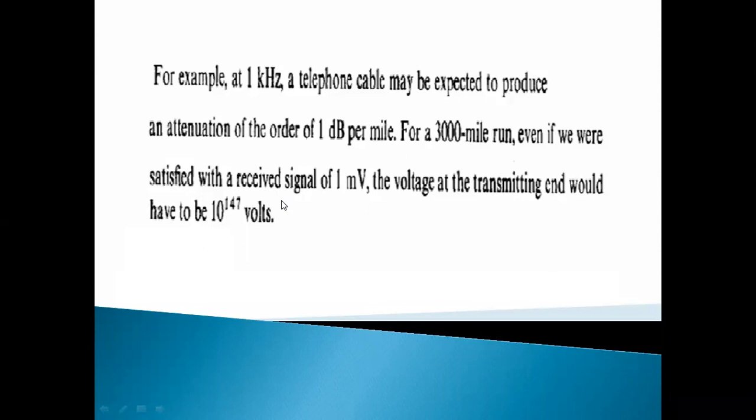Voice signals travel in the cable, with 1 dB per mile attenuation at least. For a 3000 mile run, such a cable has to cover 3000 miles. Even if we are satisfied with a received signal of 1 millivolt, what does it mean?